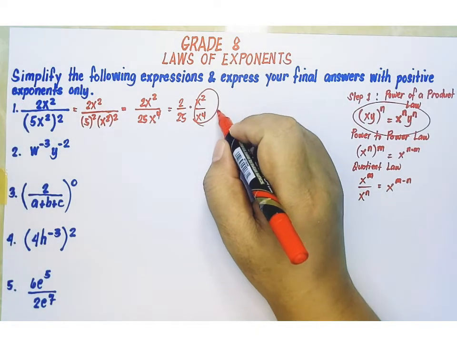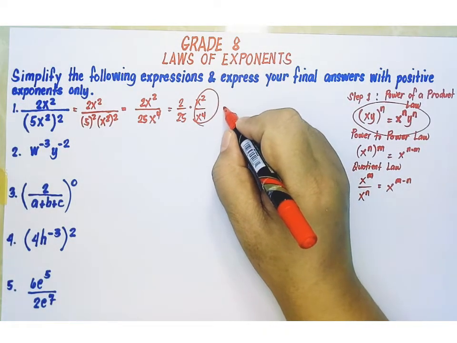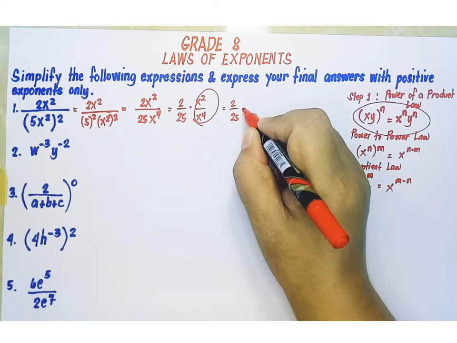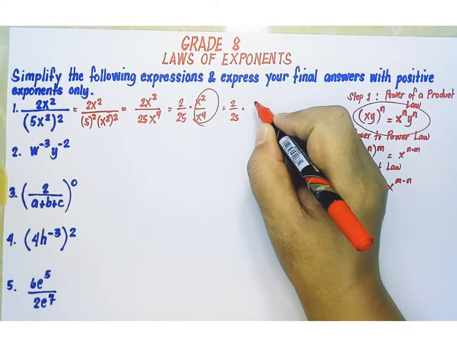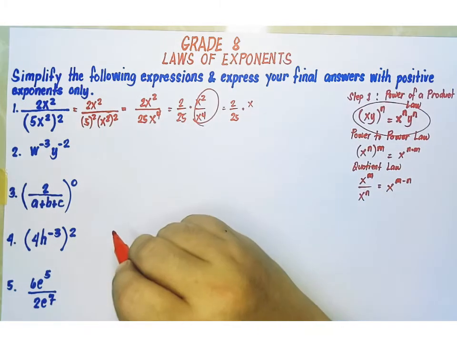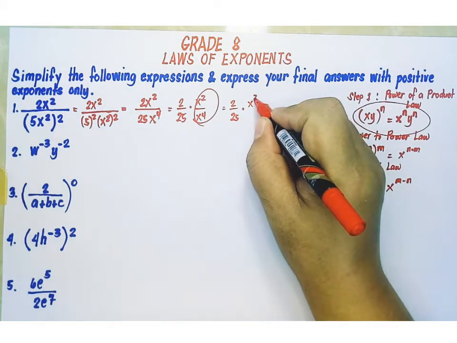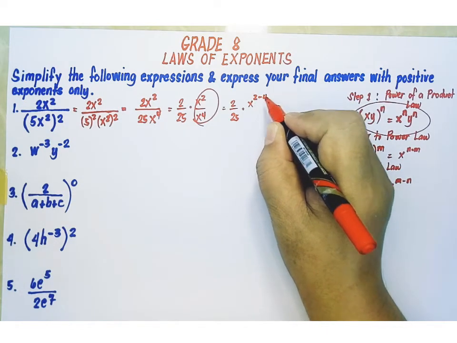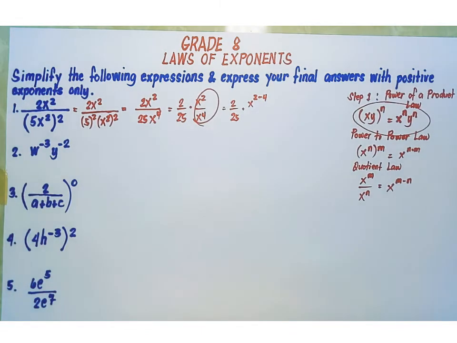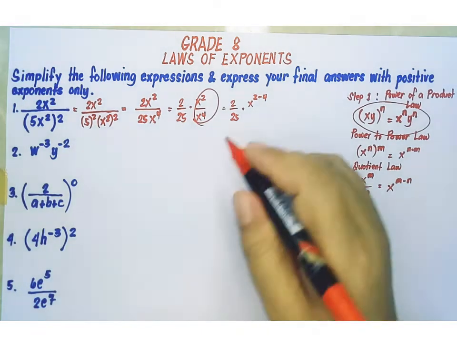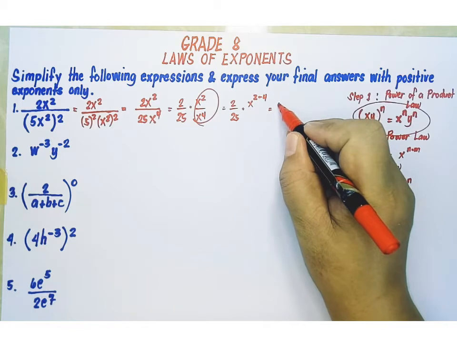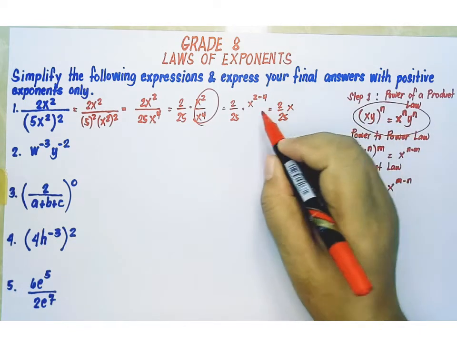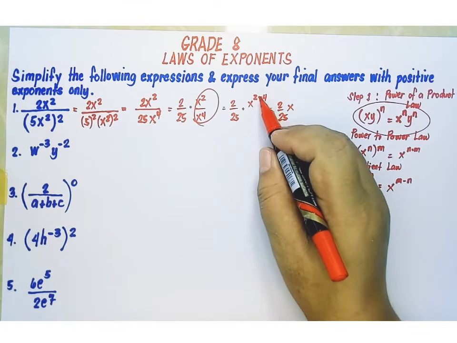So let's apply the quotient law of exponent. We have 2 over 25 times, we keep the common base and we subtract the exponents. Numerator exponent minus denominator exponent. So it's equal to 2 over 25 x raised to, evaluate the difference.